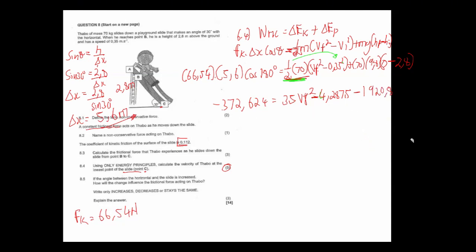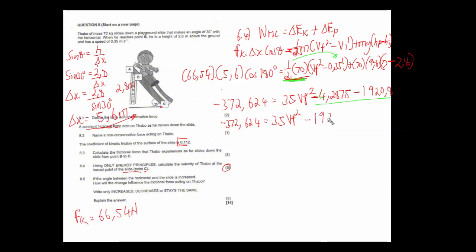At this point, you will need to add these ones, more like adding them to the negative direction. And then this is negative 372.624 equals 35 VF squared. And then let's say negative 4.2875 minus 1920.8. This will give us what?